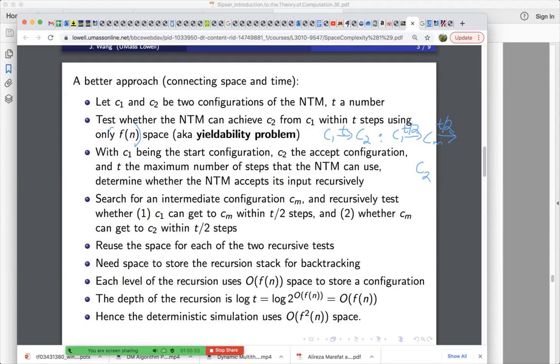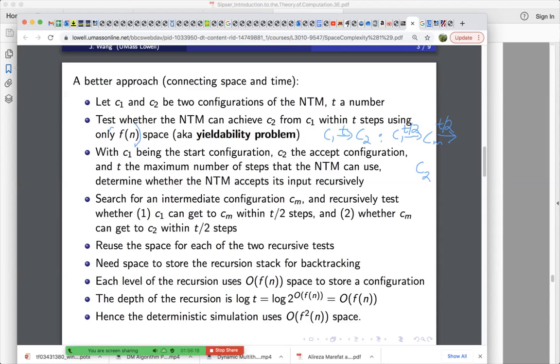Okay. And the depth of the recursion is log t, okay? Because t is the number of steps, and in this thing, we divide them by half each time. So that means that the depth of this tree is log of t. And we know that t is 2 to the big O of f of n.